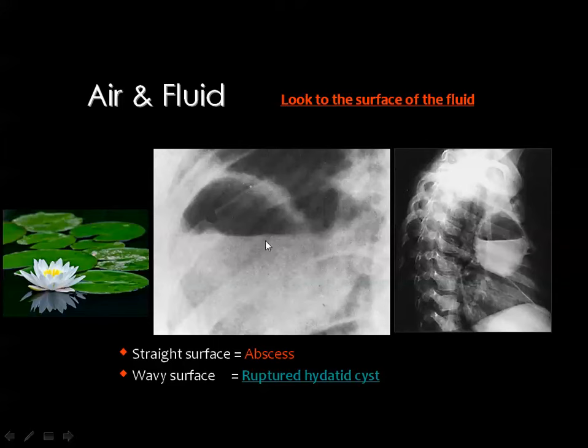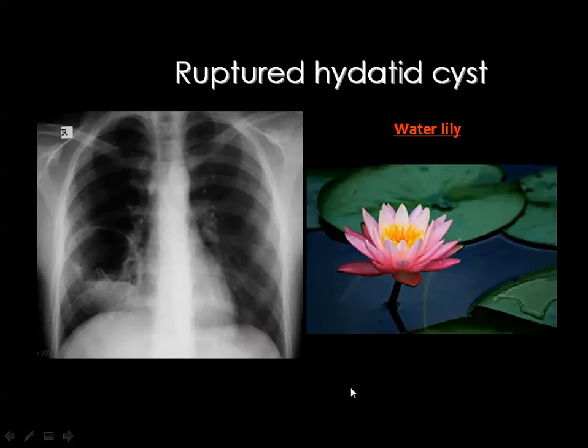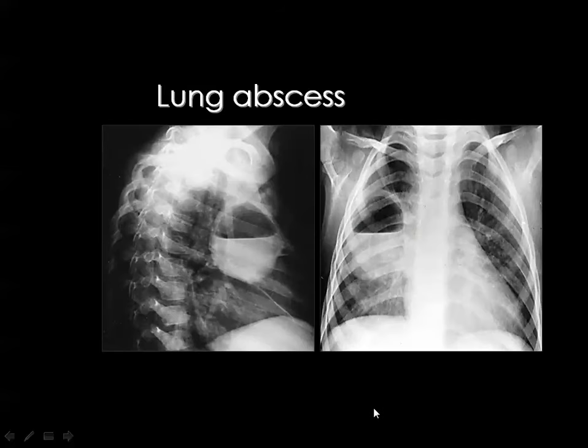But if the air fluid level is wavy or not straight, like this one, what we call the water lily sign, this is a hydatid cyst which has ruptured, because the daughter cysts of the hydatid cyst will try to float on the surface of the fluid level, and so the surface of the fluid level will not be straight. And this is the classic appearance of a ruptured hydatid cyst with a wavy air fluid level, diagnostic of a ruptured hydatid cyst.